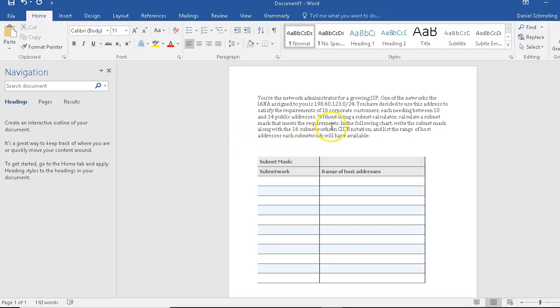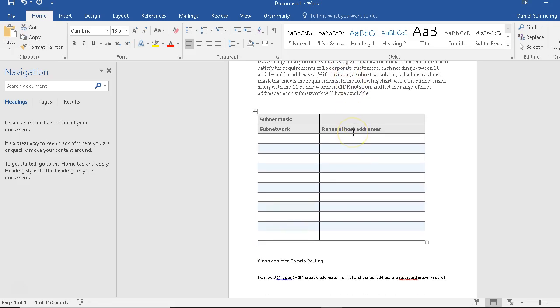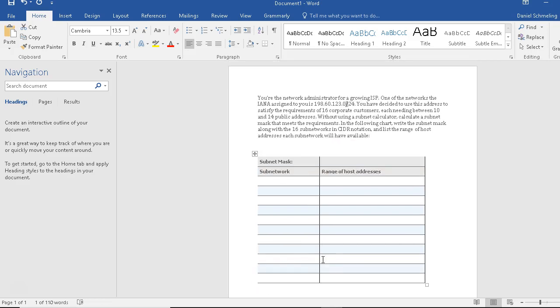We are doing case project 9.2, and the case project is to break down a subnet mask on a given network, right? So we're given in the assignment 198.60.123.0, and this is called the CIDR, which stands for classless interdomain routing.